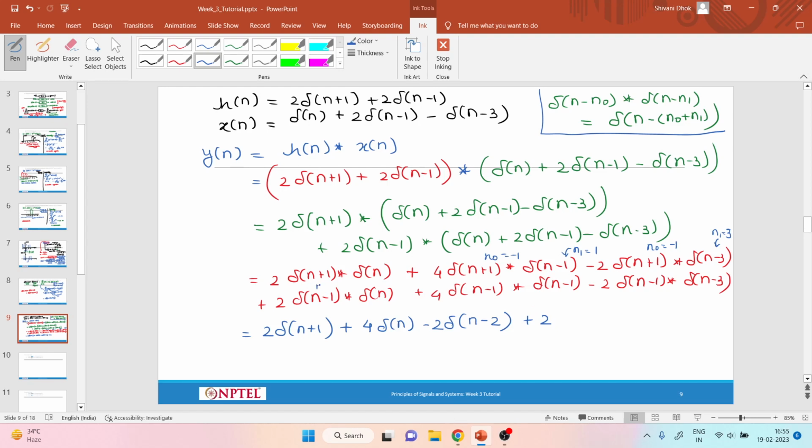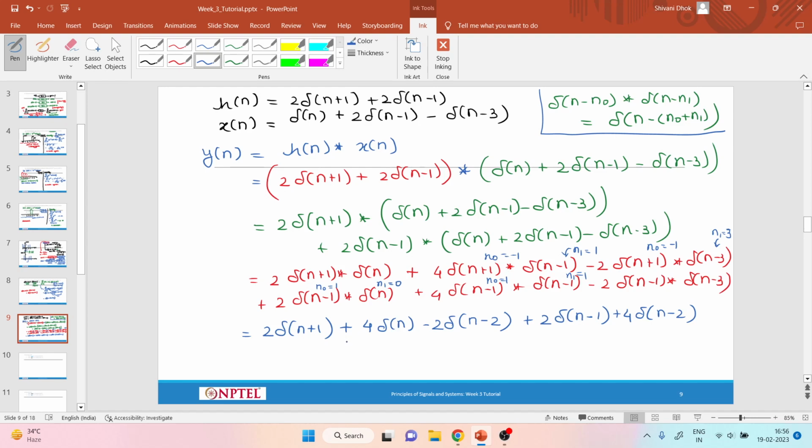Here my n naught is 1 and my n1 is equal to 0. So n naught plus n1 is 1. So this comes out to be delta of n minus 1, plus 4 times. Here my n naught is equal to 1, my n1 is equal to 1. So n naught plus n1 is 2. So I'll be getting delta of n minus 2.